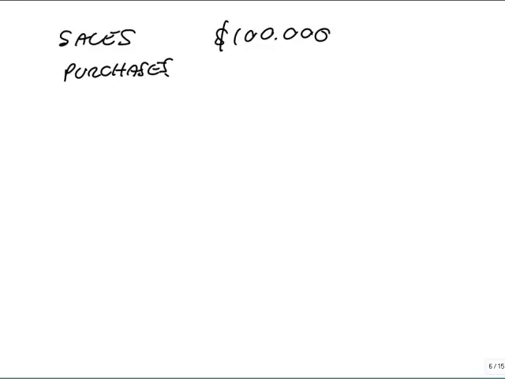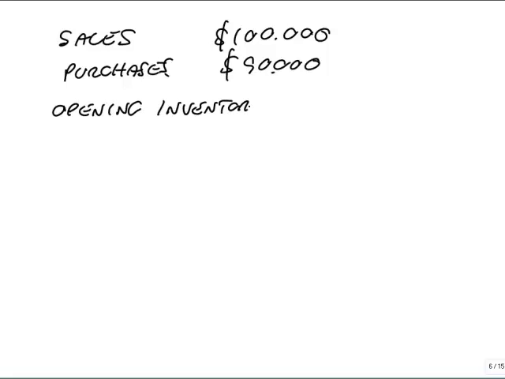Suppose I tell you, this year we've made sales of 100,000. We've made purchases of 90,000. Our opening inventory was 10,000.